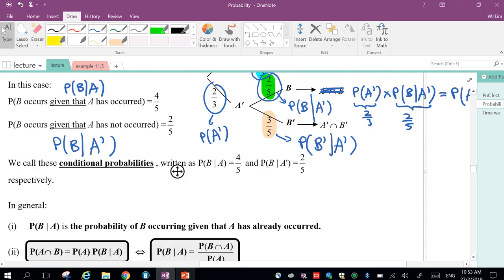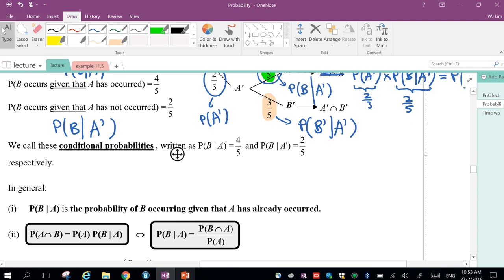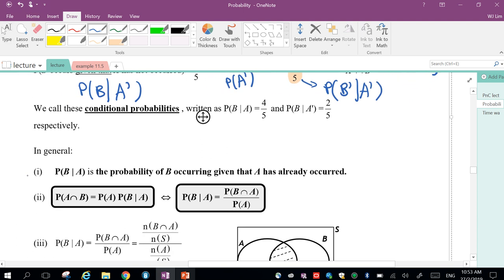Let's take a look. In general, this is what it means: probability B given A is the probability of B occurring given that A has already occurred. Let me give you an example.